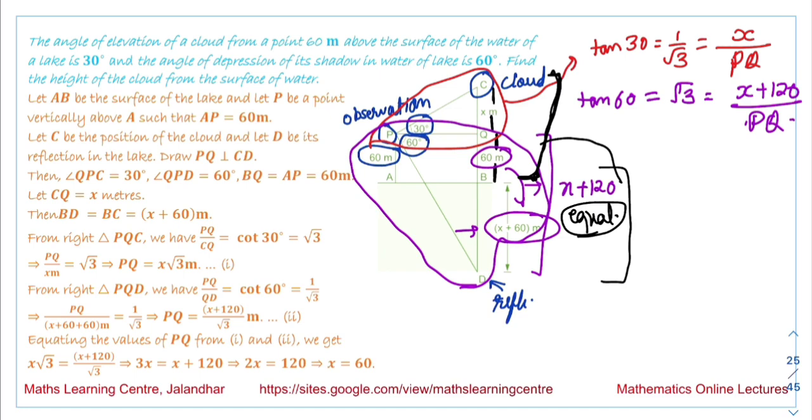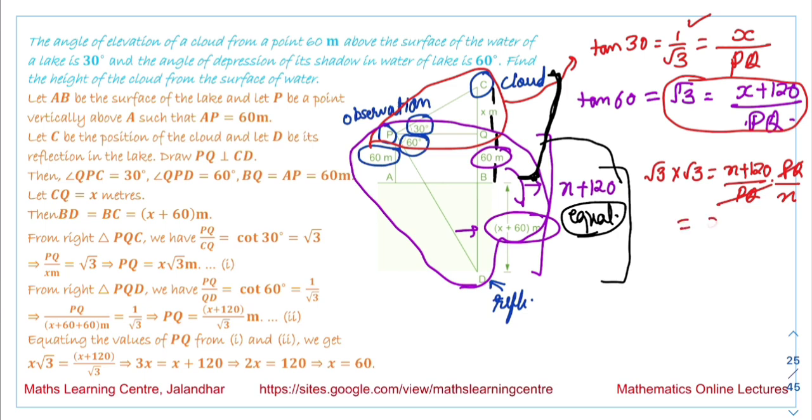Now we have two equations and we want to calculate the value of x. So we divide the second equation by the first equation. So we get root 3 into root 3, that is equal to x plus 120 over PQ into PQ over x. These two get cancelled and we are left with x plus 120 over x.